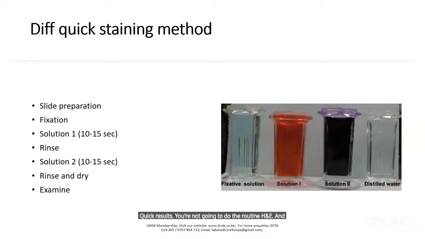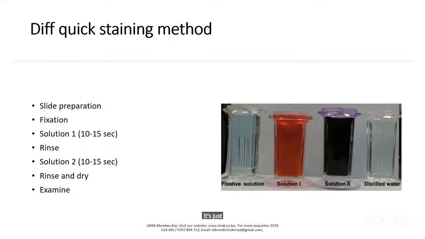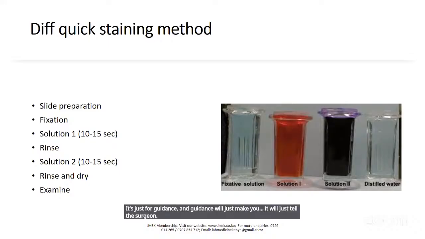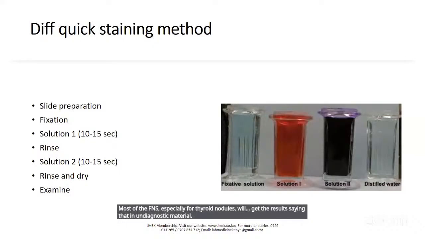This one is mostly just to guide the surgeon's decision. In cytology, quick diff is mostly not for diagnosis. It's just for guidance. It will just tell the surgeon you have sampled adequate tissue, like the FNA is adequate, because most FNAs, especially for thyroid nodules, get results saying non-diagnostic material, unsatisfactory specimen.